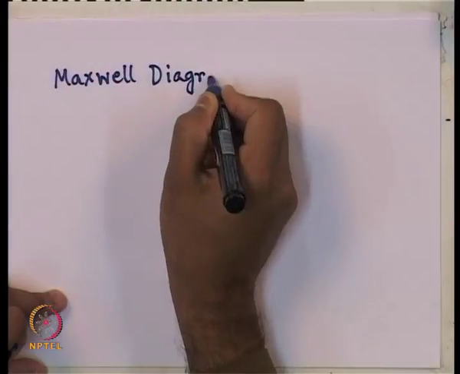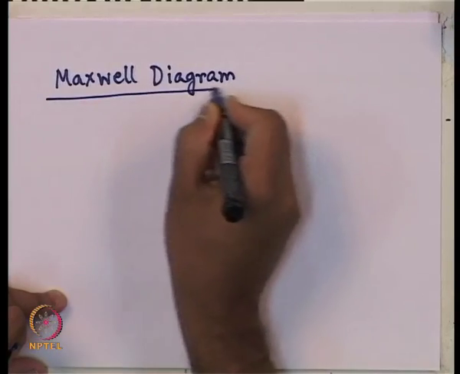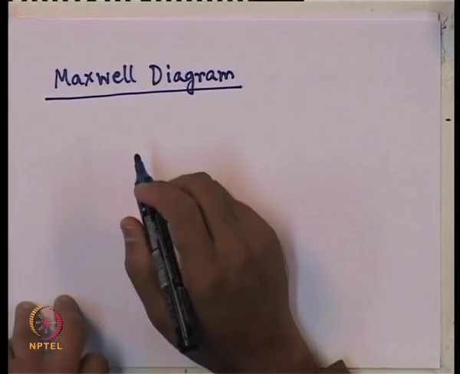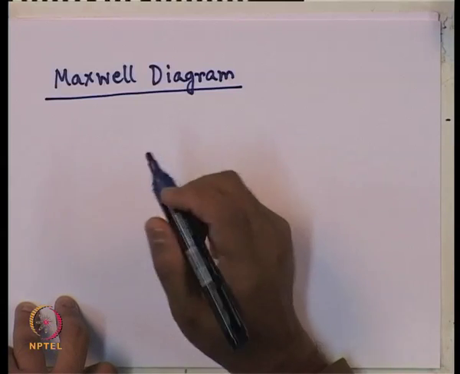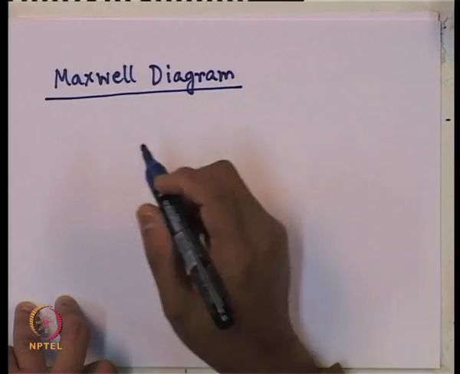If I give you, so using Maxwell diagram, we can again prove mathematically which zone is controlled by which parameter.